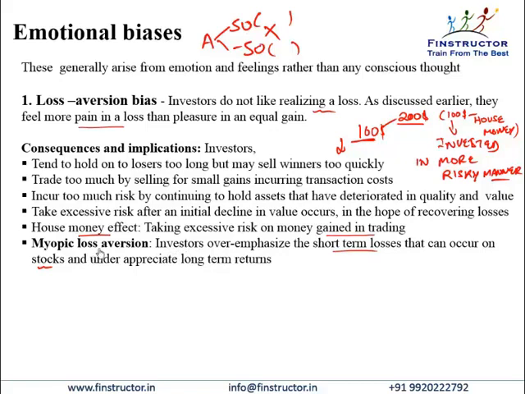Even though stocks have had better long-term returns than fixed income securities and other instruments, investors avoid stocks because in the short term they see a potential of loss and they want to avoid that loss. This is referred to as myopic loss aversion.